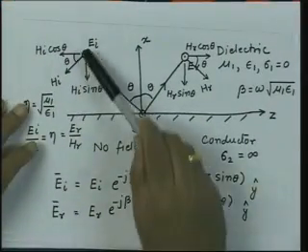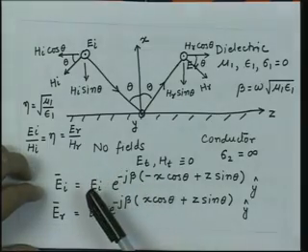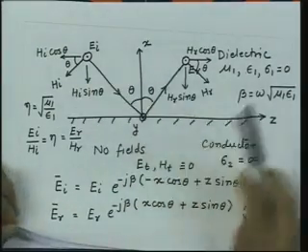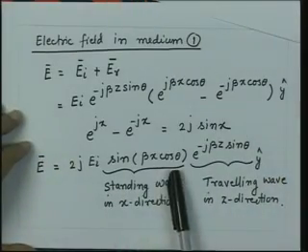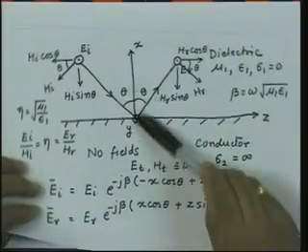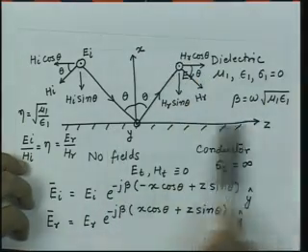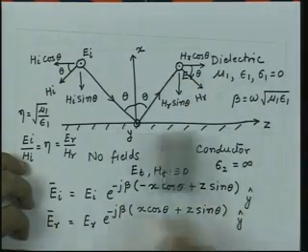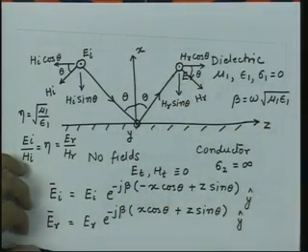So, the wave which you are going to have, which is a composite phenomenon of the incident and the reflected wave, is a complex wave, which is a combination of a standing wave in a direction perpendicular to the interface and a travelling wave in the direction of the interface.